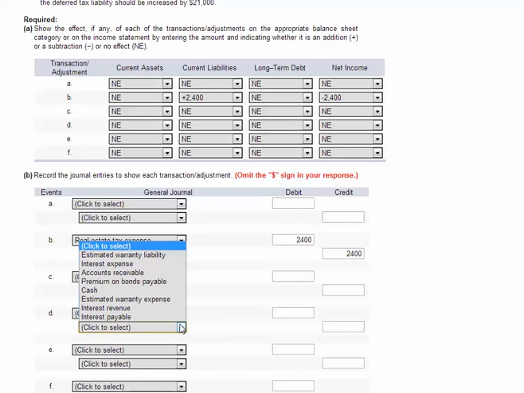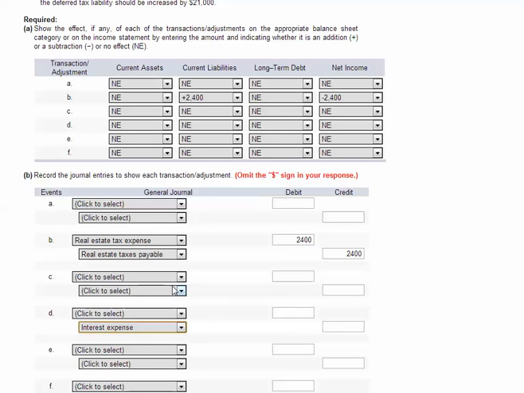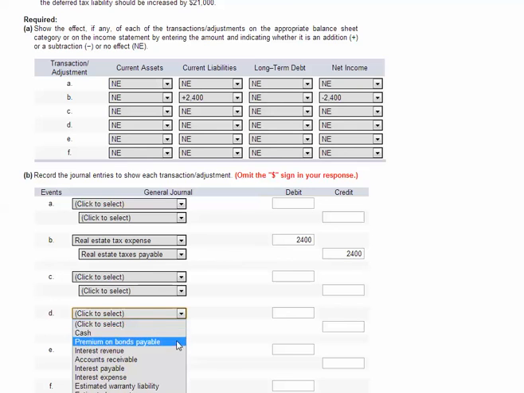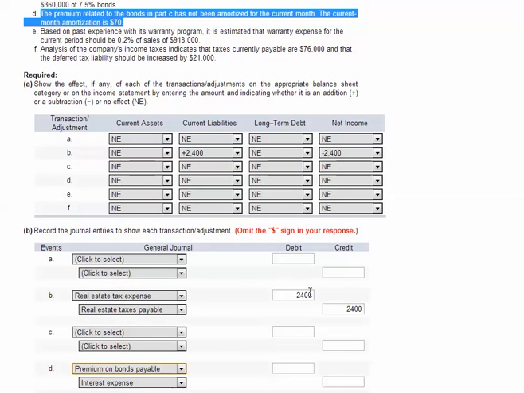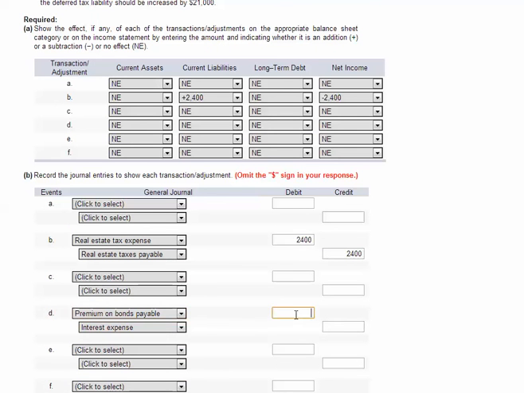So we credit our interest expense in this case, and we debit premium on bonds payable for $70 to reduce the amount of the premium. So in this case now our net income is going to go up by $70 and our long-term debt will go down.